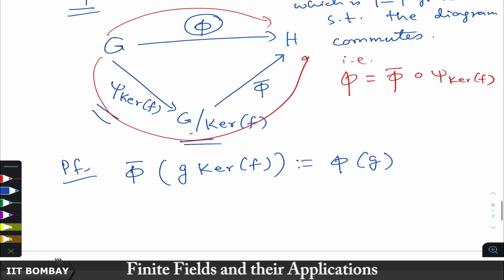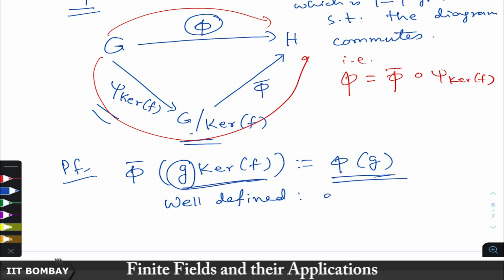Now, we need to check if this is well defined, because this definition is in terms of a coset representative. Changing the coset representative should not change the definition. So, any element in this coset is of the form g times g prime, where g prime is in the kernel.